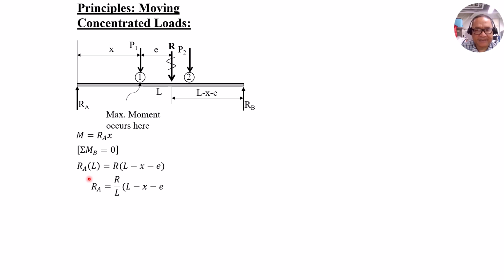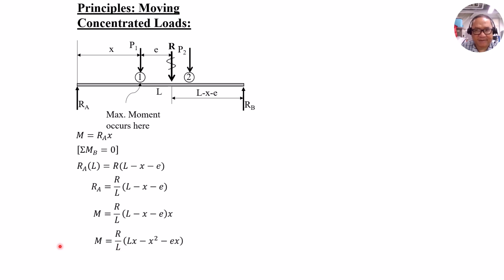And if we replace R, so we have, this is RA, so if we multiply by X and distribute X into the quantities inside the brackets, then we have R over L, Lx minus X squared minus Ex.